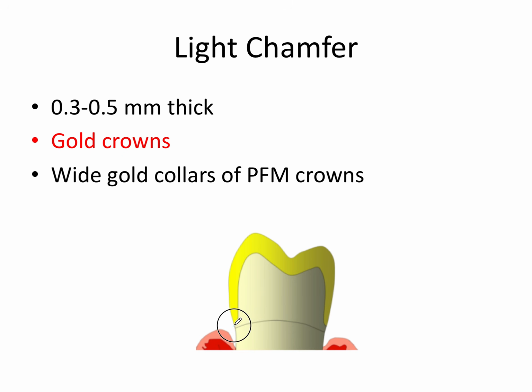So right here where the margin is, it's a little bit more defined. The feather edge just kind of fell off, and it was a super shallow slope. This is a little bit more defined. That's the light chamfer. Remember that being used for gold crowns, generally.